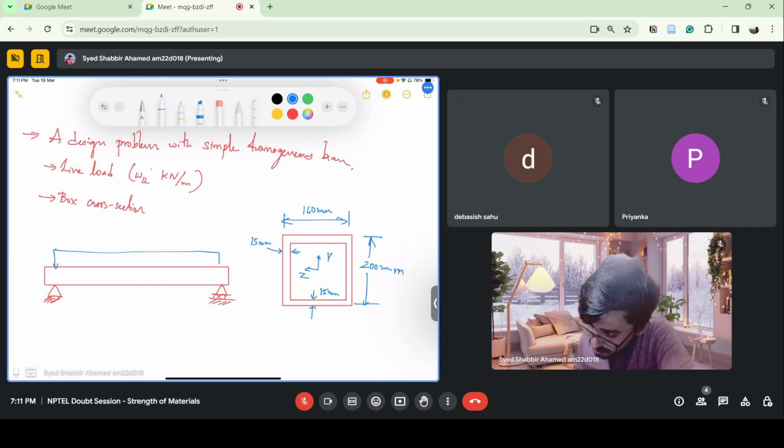We have some uniformly distributed live load.